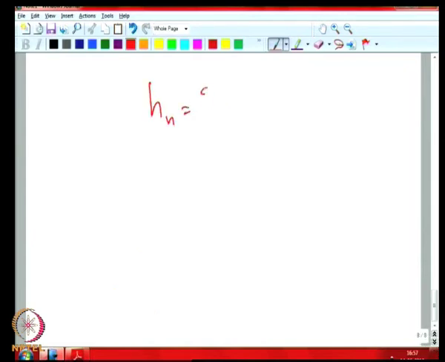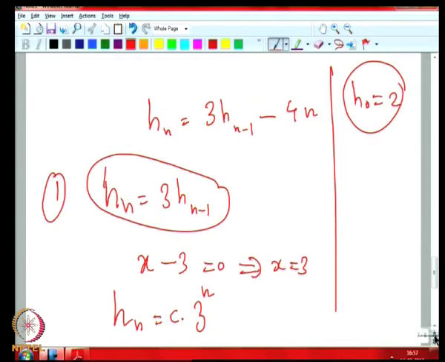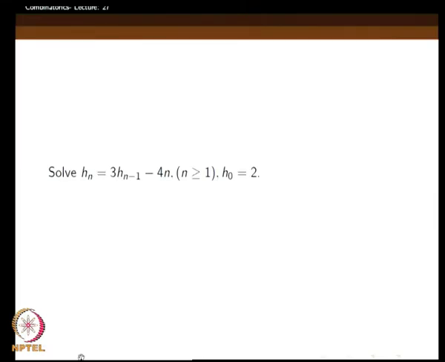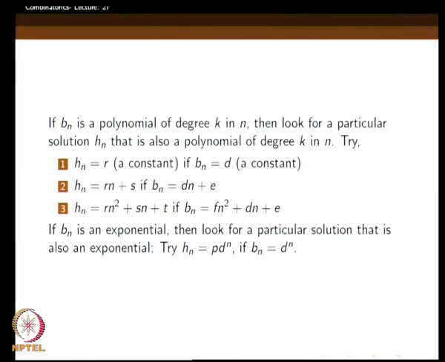So the next step is to find a particular solution for this one, 3 times Hn minus 1 minus 4n. Now we are saying that this is of the second type, so we will go for the chart entry dn plus e, that is Rn plus S, which is what we should try.